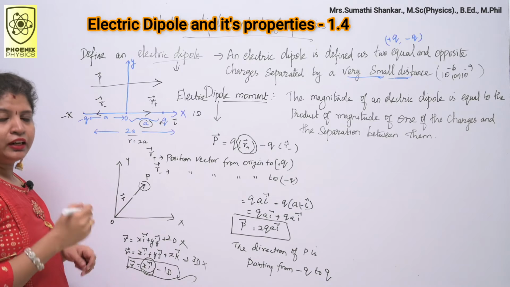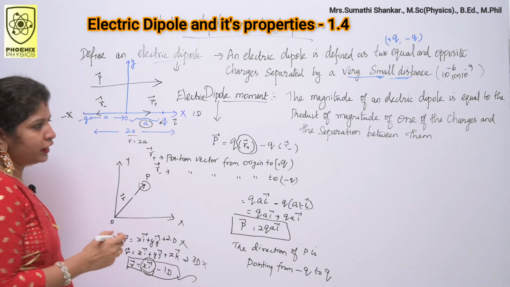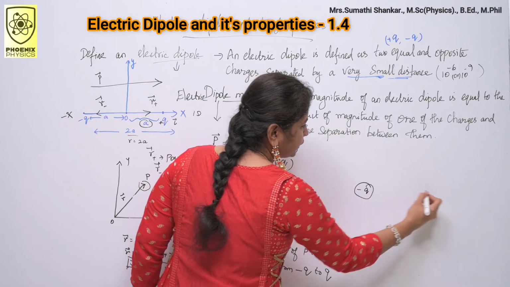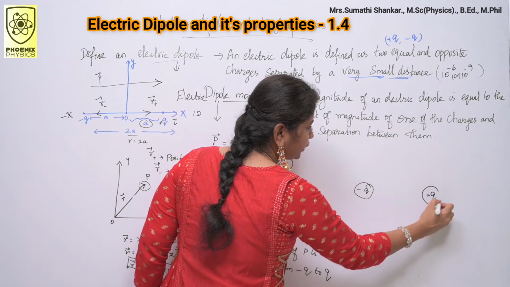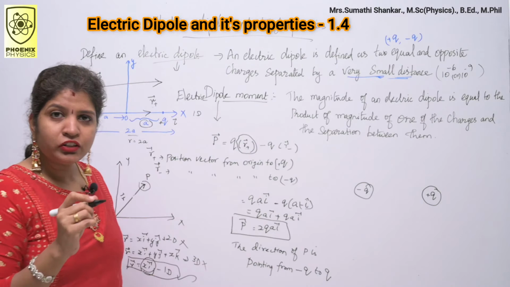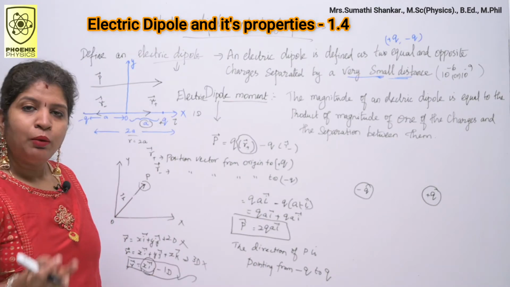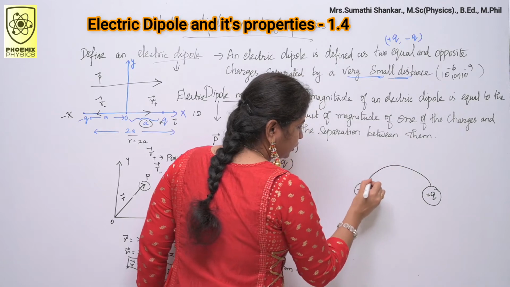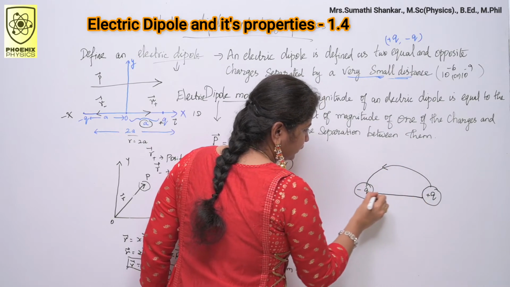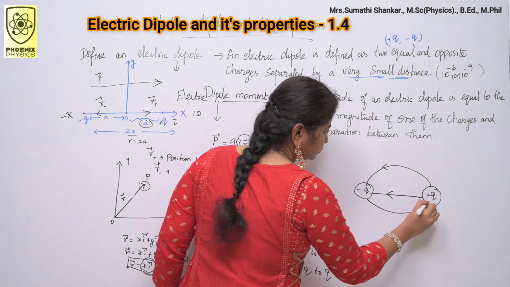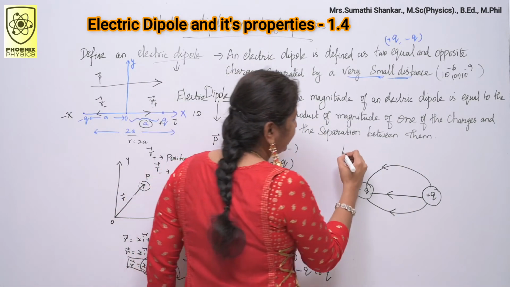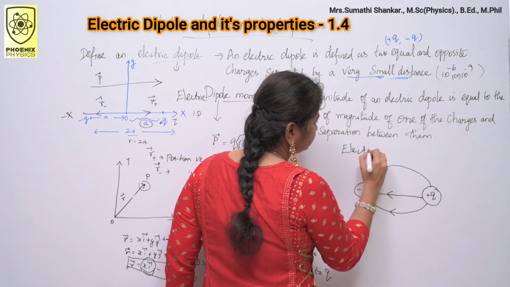If it is electric field lines, how do you draw the electric field lines? Suppose this is my minus Q charge and this is my plus Q charge. You know that electric field lines start from positive charge to negative charge, like this or like this. So this is the direction for electric field line.